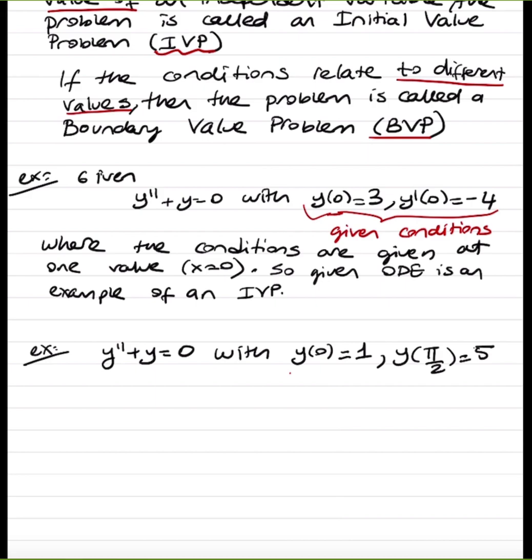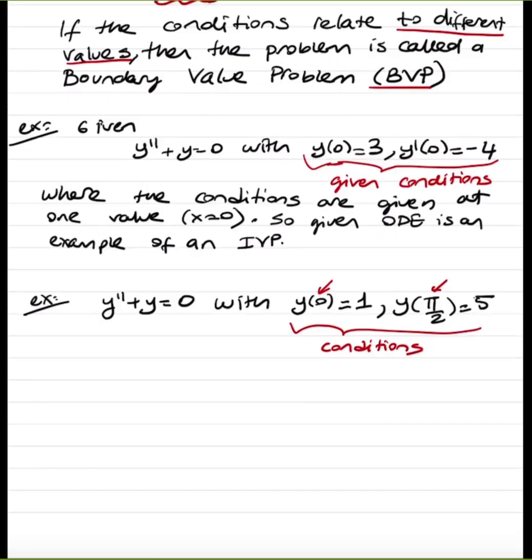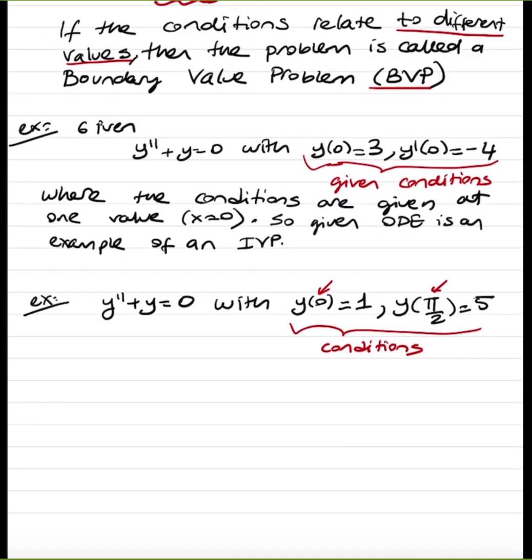Also we have two conditions, but they are given at different values. One of them is given at 0, one of them is given at pi over 2. So the conditions relate to different values, x is equal to 0 and x is equal to pi over 2. That's why it is an example of a boundary value problem.